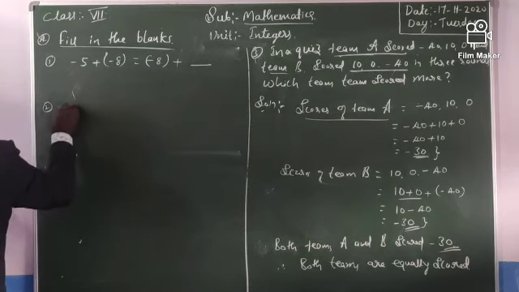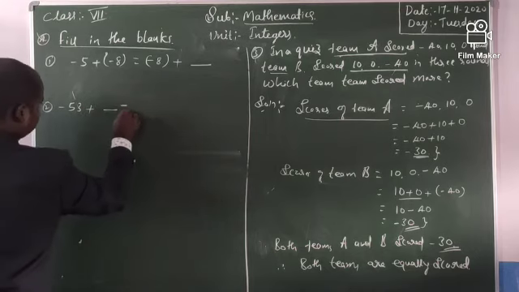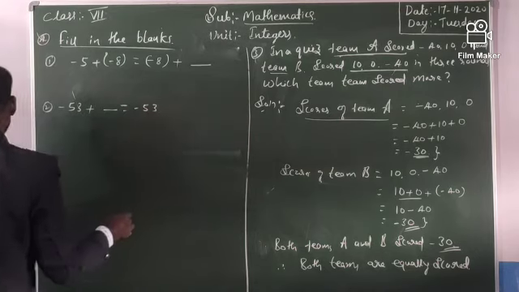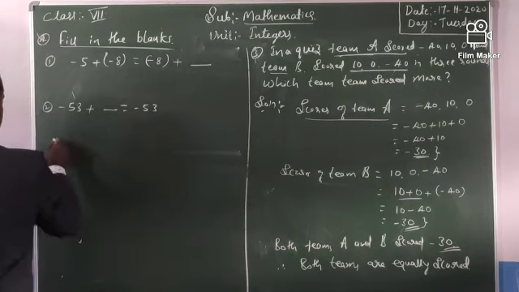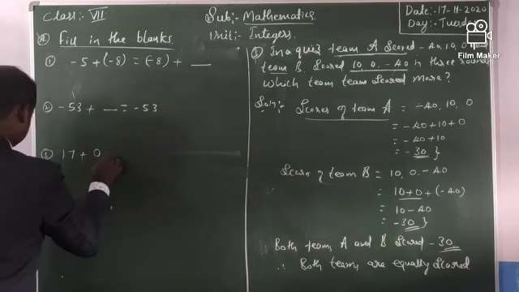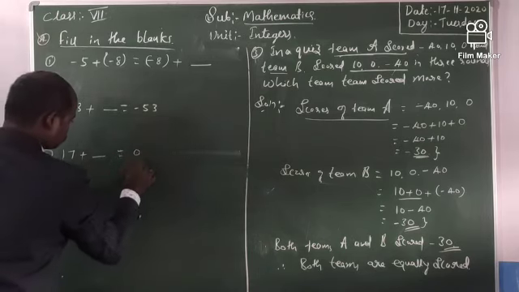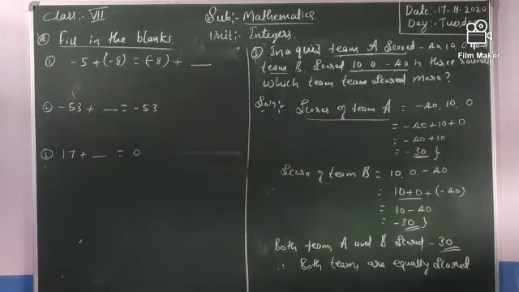Second one, minus 53 plus of dash equal to minus of 53. Third one, 17 plus dash equal to 0. Okay.